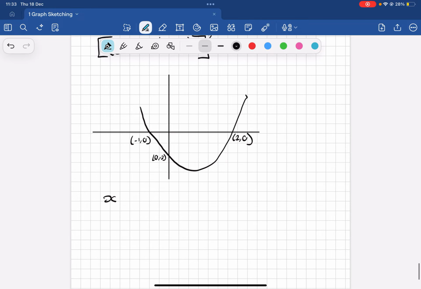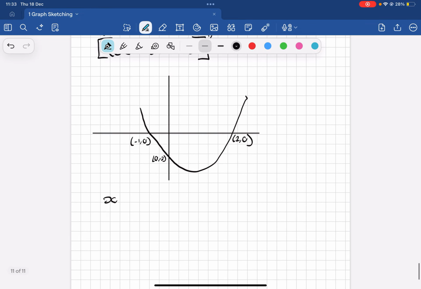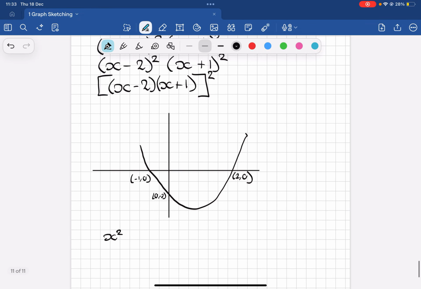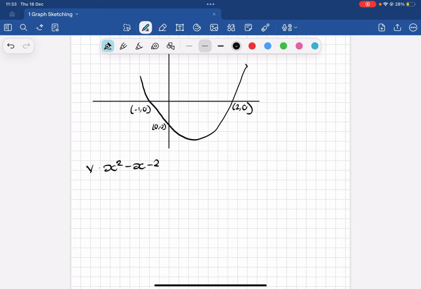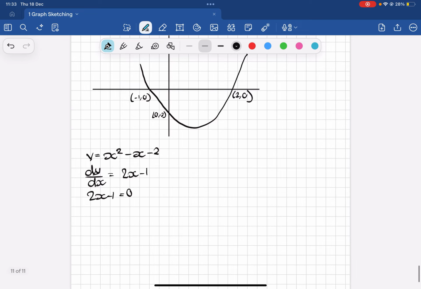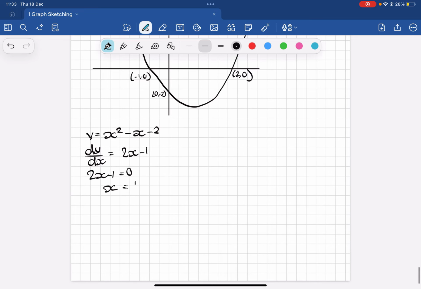if we quickly expand our bracket and differentiate, we've got x squared minus x minus 2. So let's call that y. dy over dx equals 2x minus 1. Set our gradient function to 0, x equals a half.